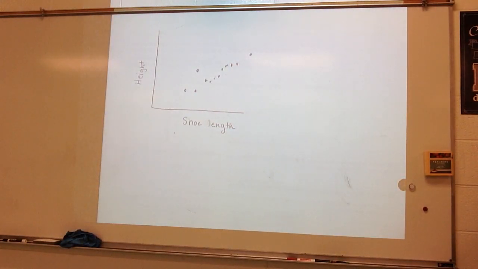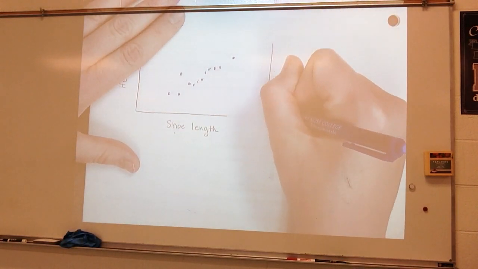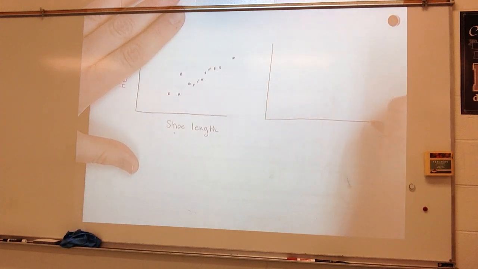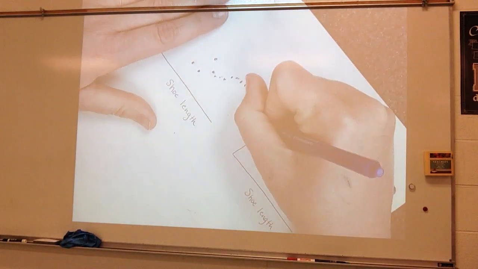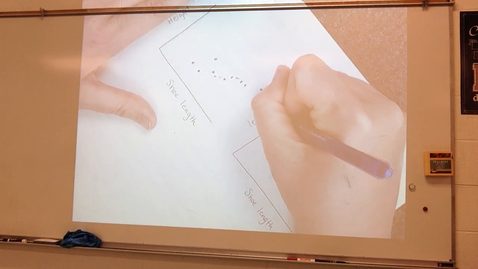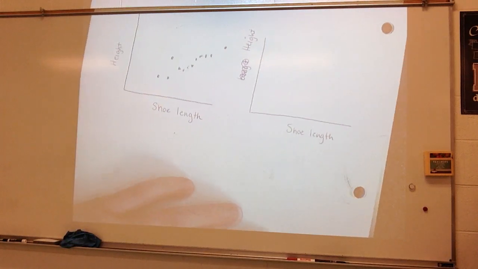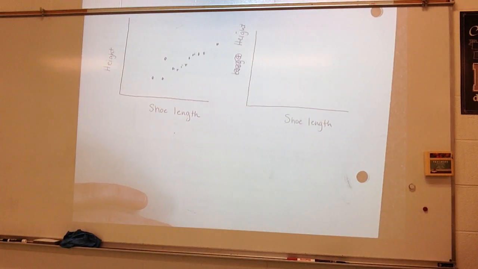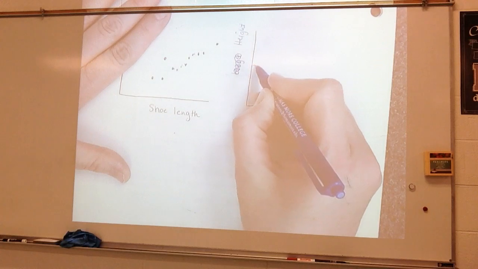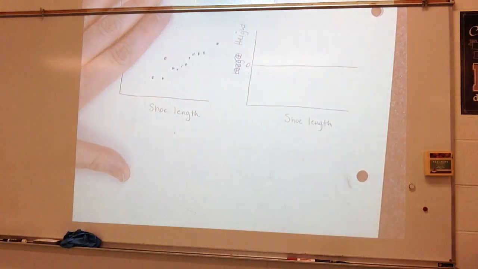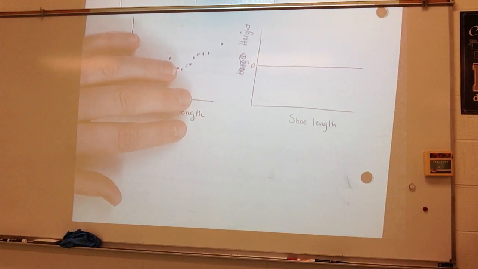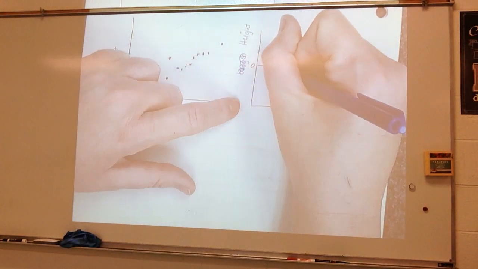When I do my residual plot, remember that a residual plot is going to show me how far my points are from the line. Sorry, I'm trying to write and do this at the same time. It's going to show me how far it is from 0. So this is what my residual plot would look like.